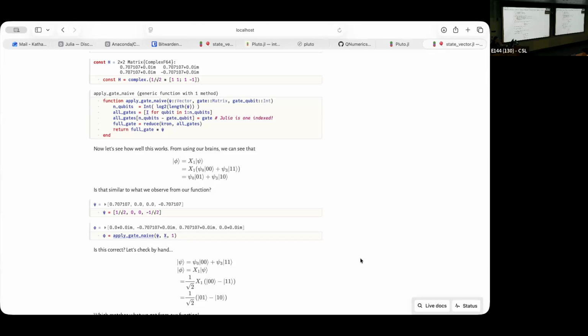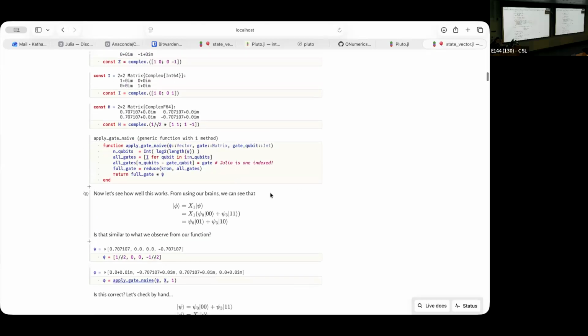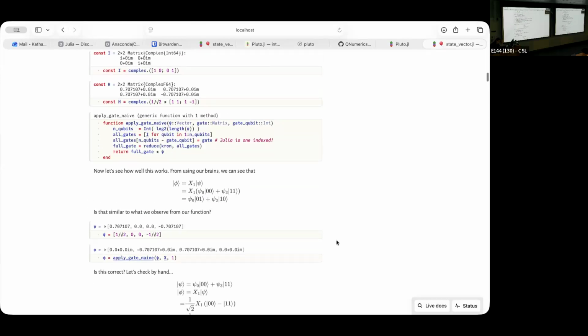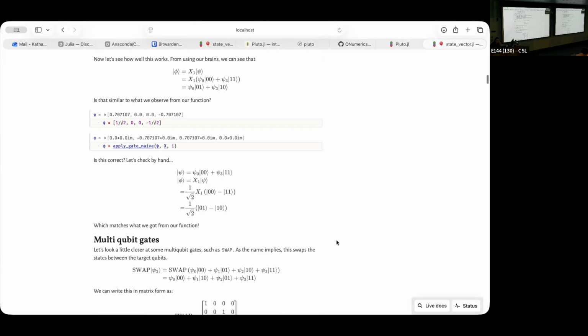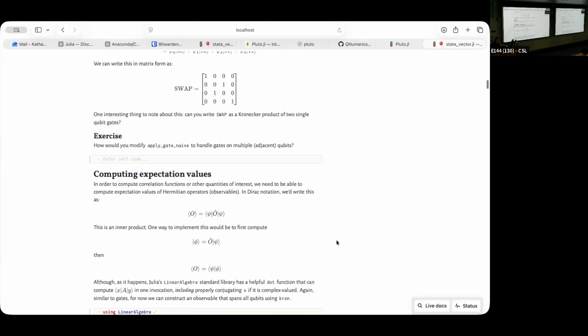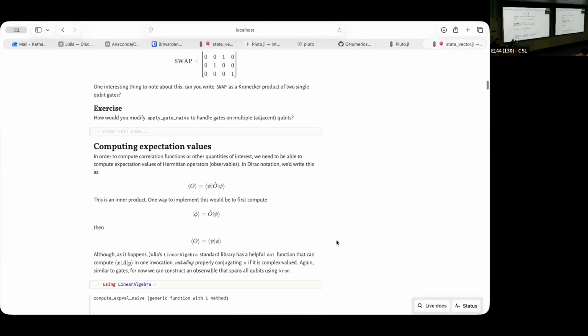Yes, indeed, the Kronecker product is flipped. I probably should have used foldl there, but oh well. Yeah, Kronecker.